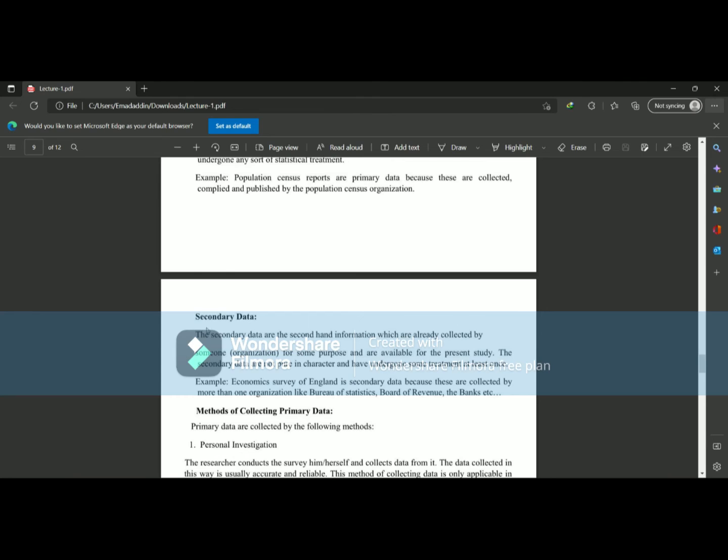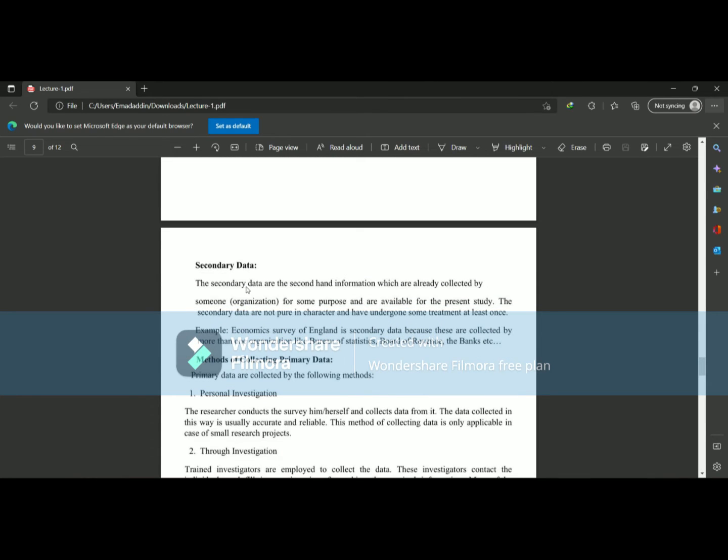The secondary data are second-hand information which is already collected by some organizations for some purpose and is available for the present study. The secondary data are not pure in character and have undergone some treatment at least once.